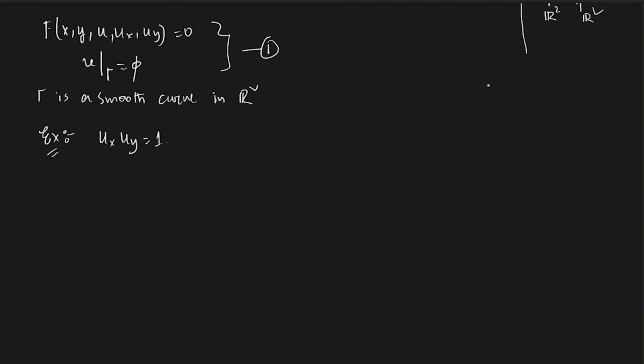Because initially the form was something like this: a u_x plus b u_y equals c, where the dependence of a, b, c can be on x, y, and u at most for quasi-linear. But these kinds of equations are not in this form, so there is no way we can use the exact same thing to work out these problems. We will use the same kind of thing, but we need an extra condition.